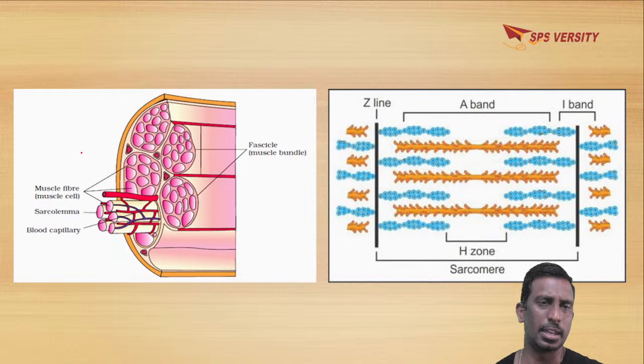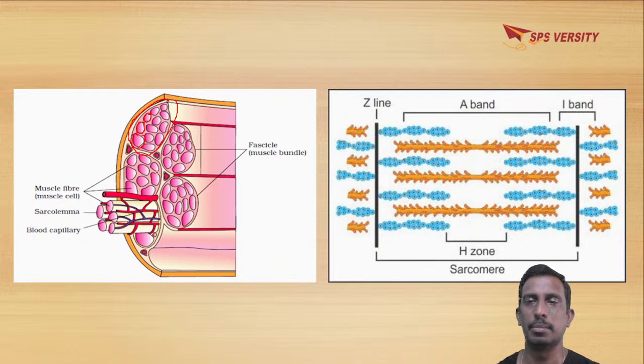So here in this diagram, this is a skeletal muscle. These are muscle bundles, which are called fascicles. And inside the muscle bundles there are many muscle fibers.